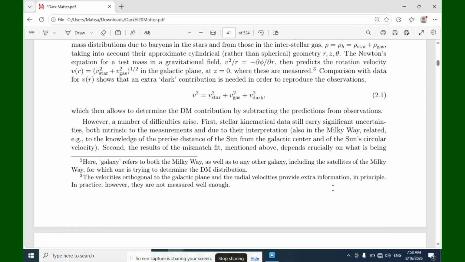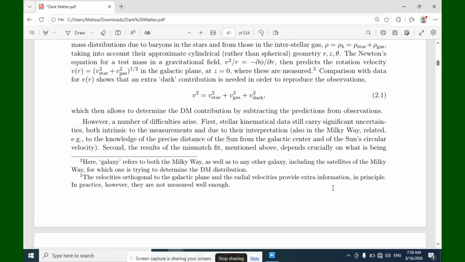However, a number of difficulties arise. First, solar kinematical data still carries significant uncertainties, both intrinsic to the measurements and due to their interpretation, also in the Milky Way, related for example to the knowledge of the precise distance of the Sun from the galaxy center and of the Sun's circular velocity.